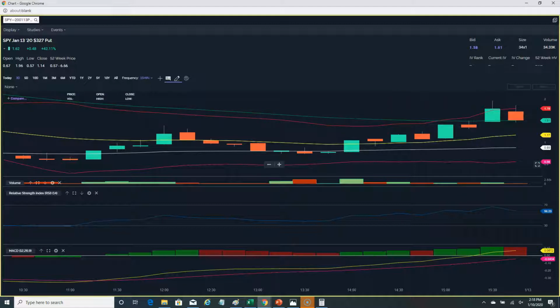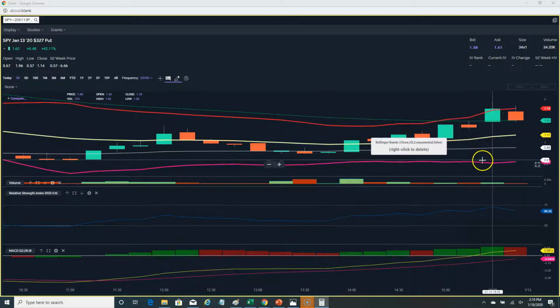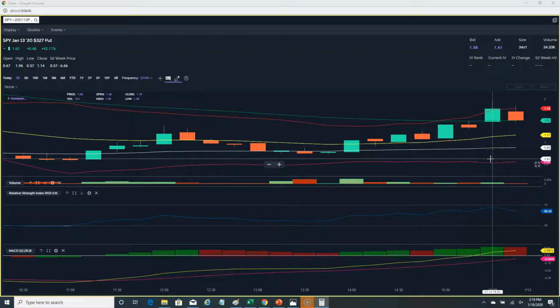80 cents to 196. How much percentage is that? I usually like to express it as a percent instead of dollars, because depending on your capital, you get an idea of how much you can make out of that. So in this case, from 150 here at 80 cents to $1.96, that's 145%.